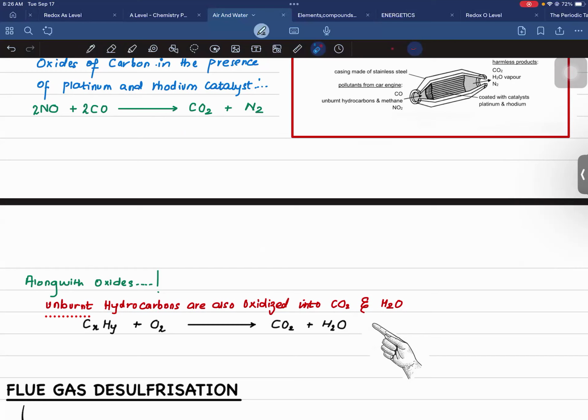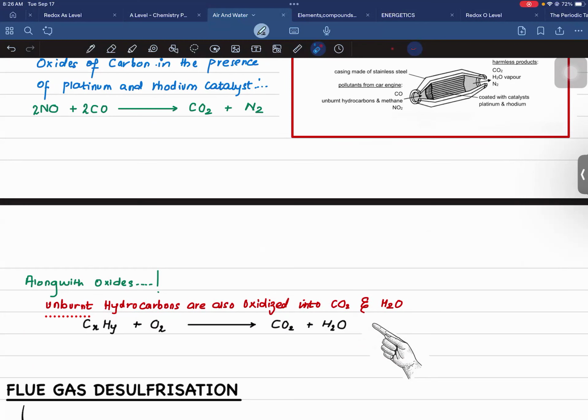Those unburnt hydrocarbons can also be oxidized into CO2 and water. So who is responsible for all of this? The catalytic converter.